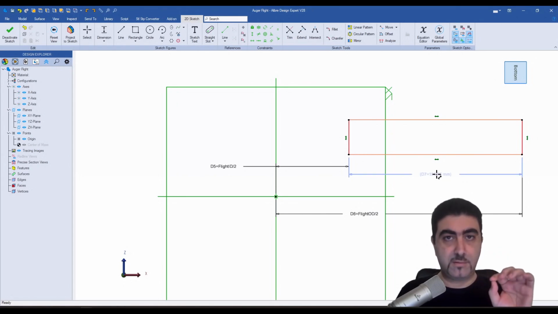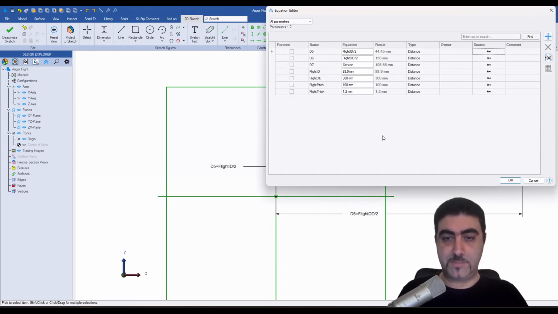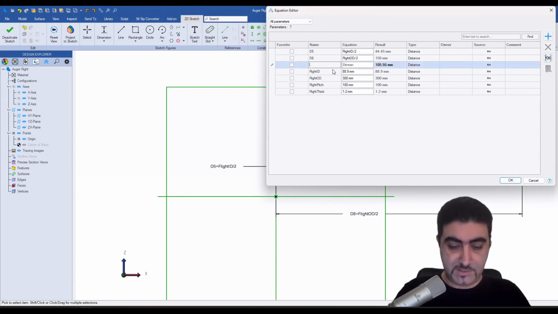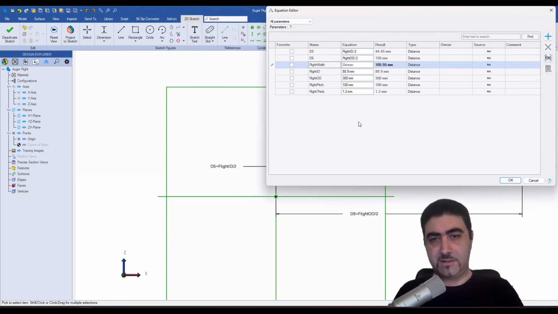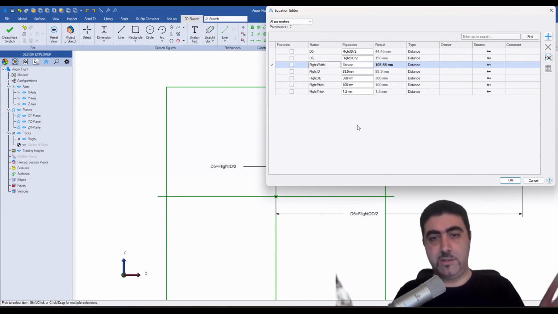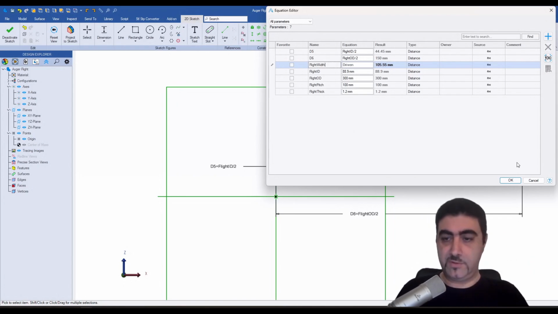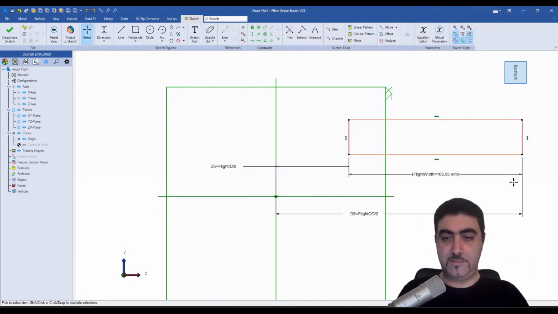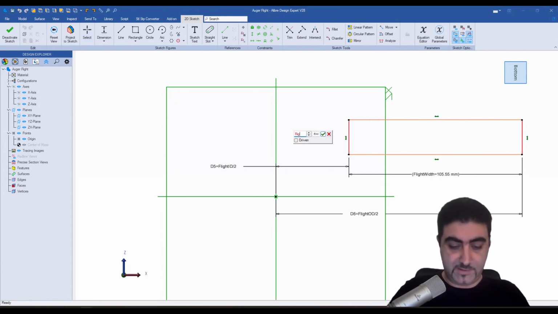That's the width of our flight. So I'll go into my equation editor again, and I will rename this to flight width. I'm using very long names. That's not going to be practical in a little while when we'll be writing some large equations, but I think it's easier to follow for now, and you can use shortened names when you do this. I'll just hit OK. And of course, this is the flight thickness.